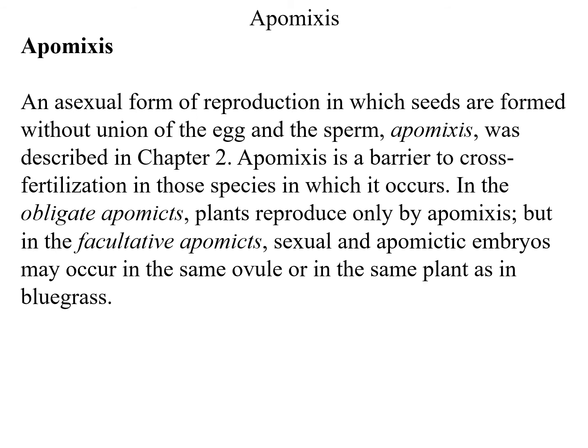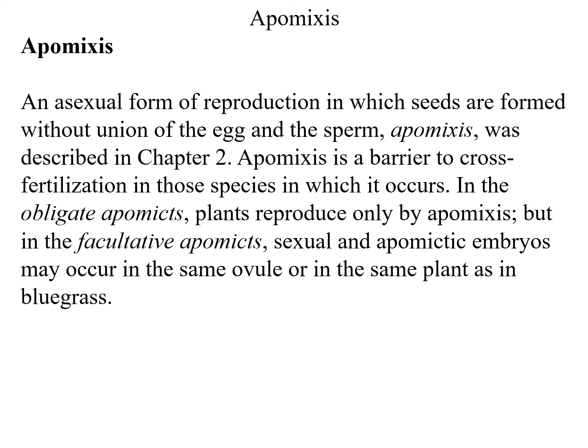Unfortunately, as you know from chapter 2, we have sometimes some seeds that are produced asexually. These seeds produced asexually through apomixis are one of the barriers that prevent cross-fertilization.